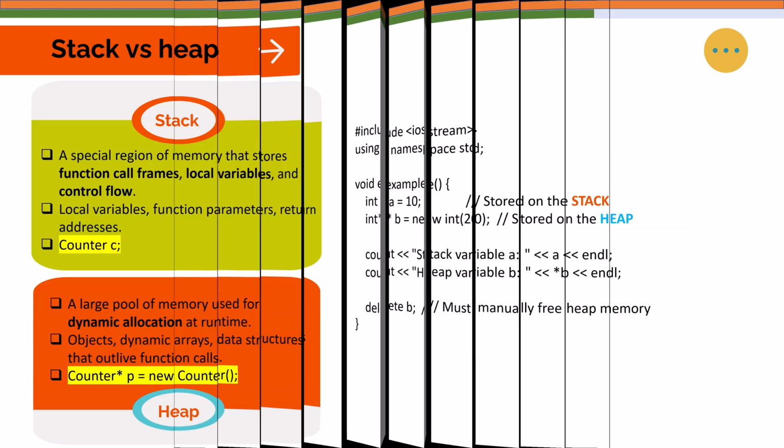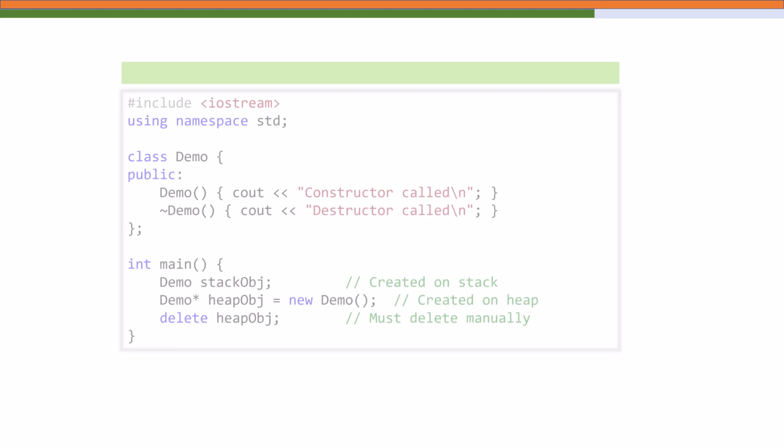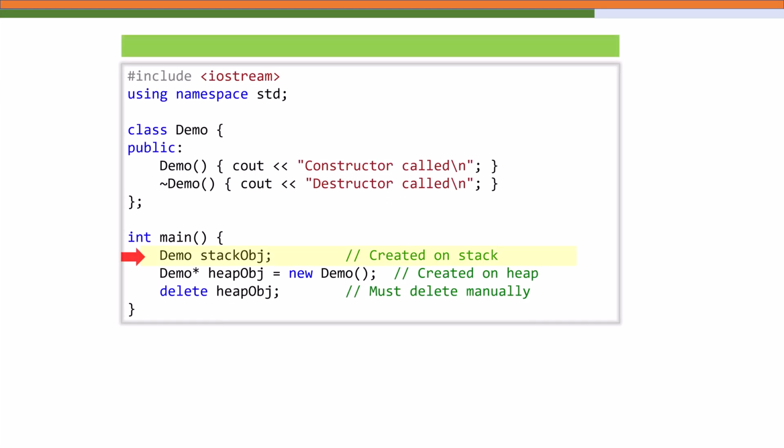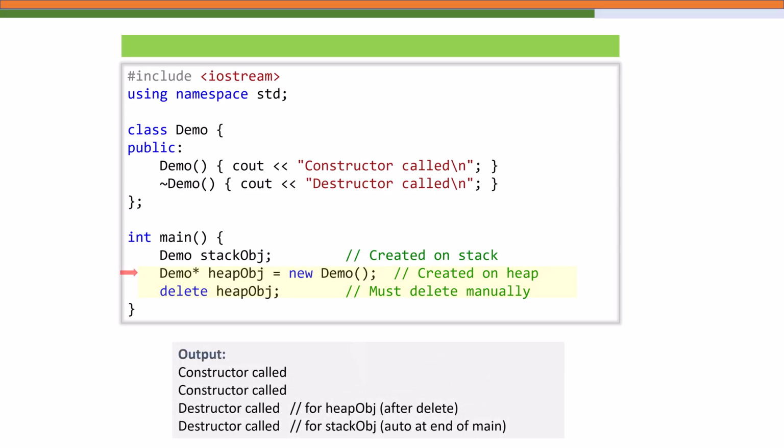Here we see two objects of the same class, one created on the stack and one on the heap. The first line, Demo stackObj, creates a stack object. It runs the constructor automatically, and when main ends, the destructor runs automatically. The second, created with new Demo, creates a heap object.